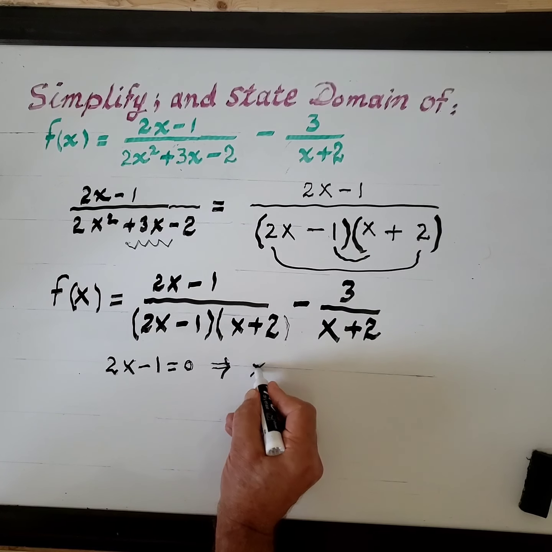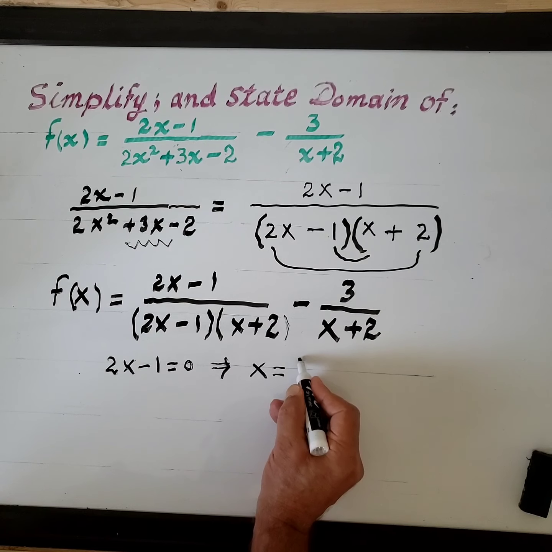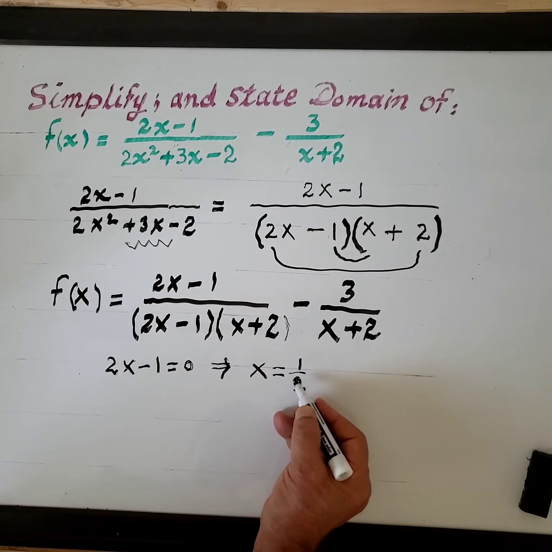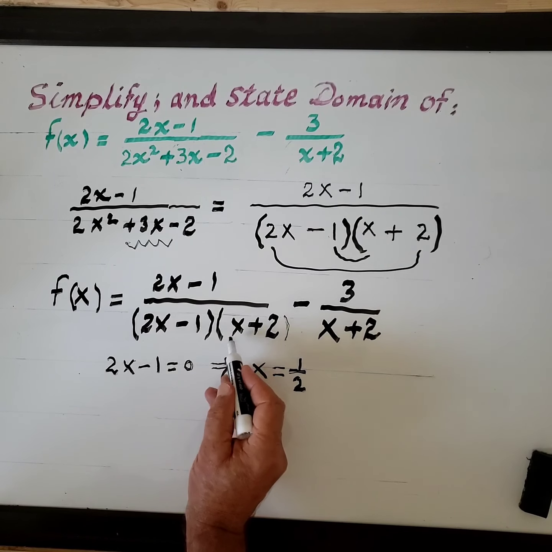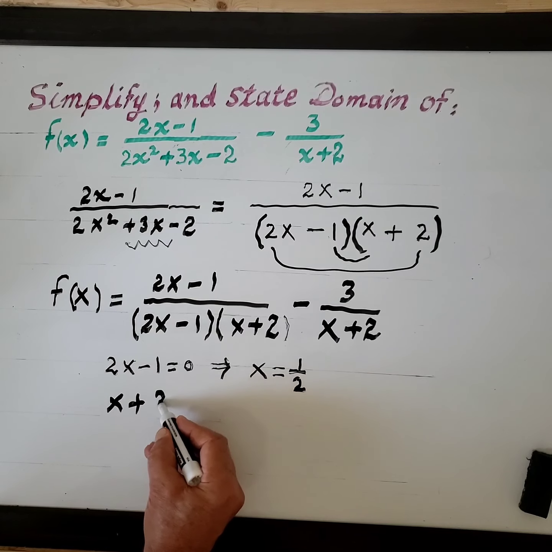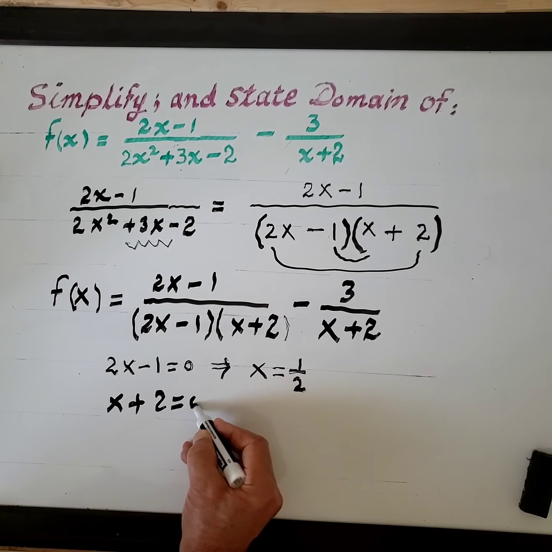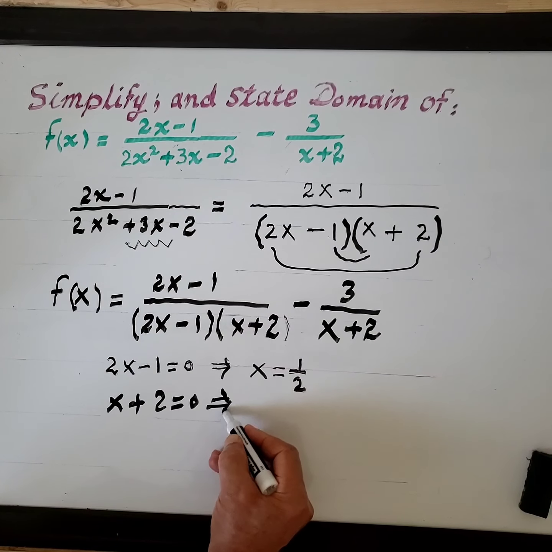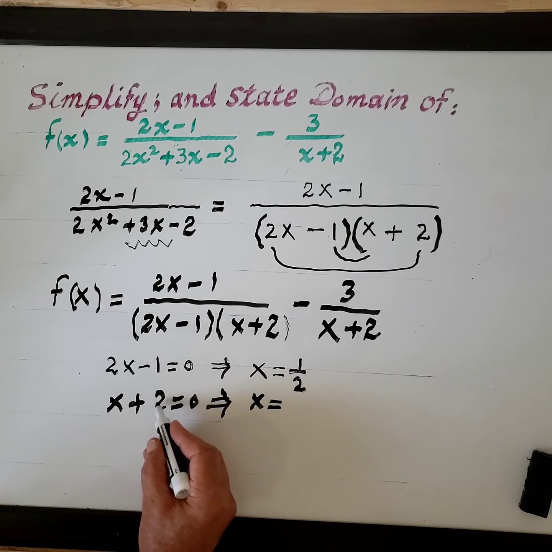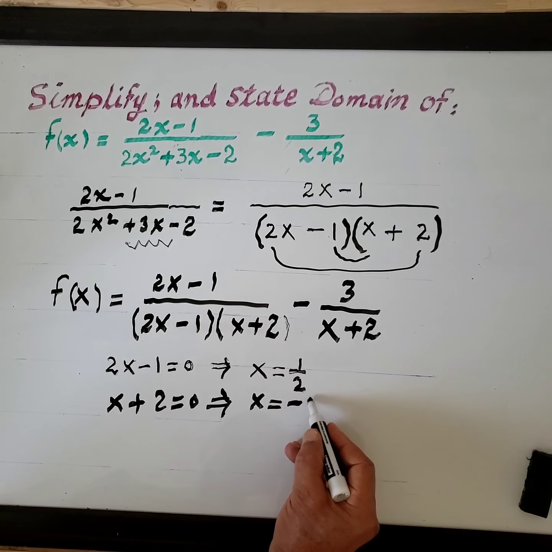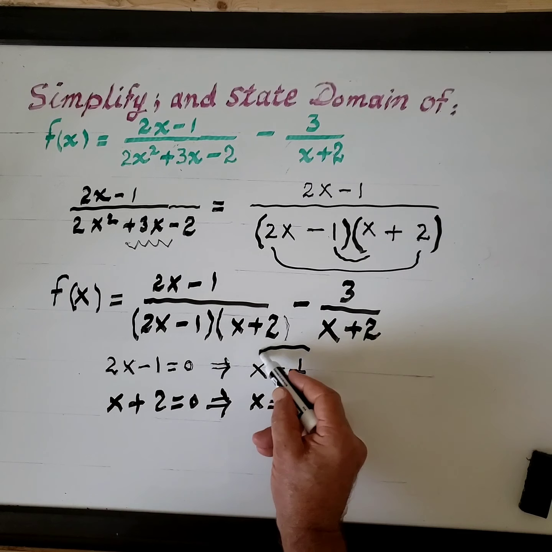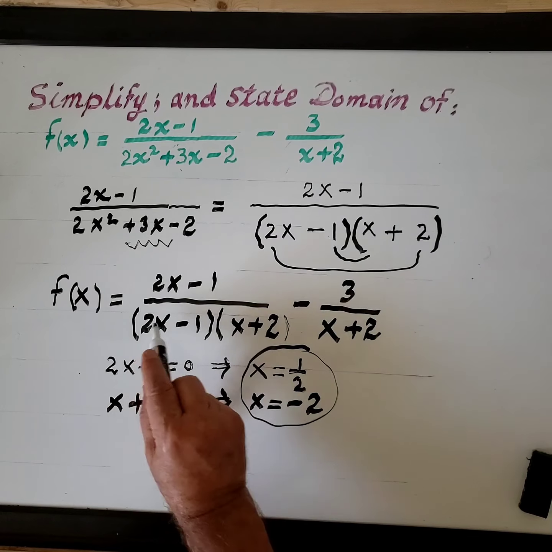That means x is equal to 1 over 2. And also here, x plus 2 is equal to 0. It will give you x is equal to, when you move this to the other side, it will be changed into negative 2. So x is equal to negative 2. These are the two zeros for the denominator.